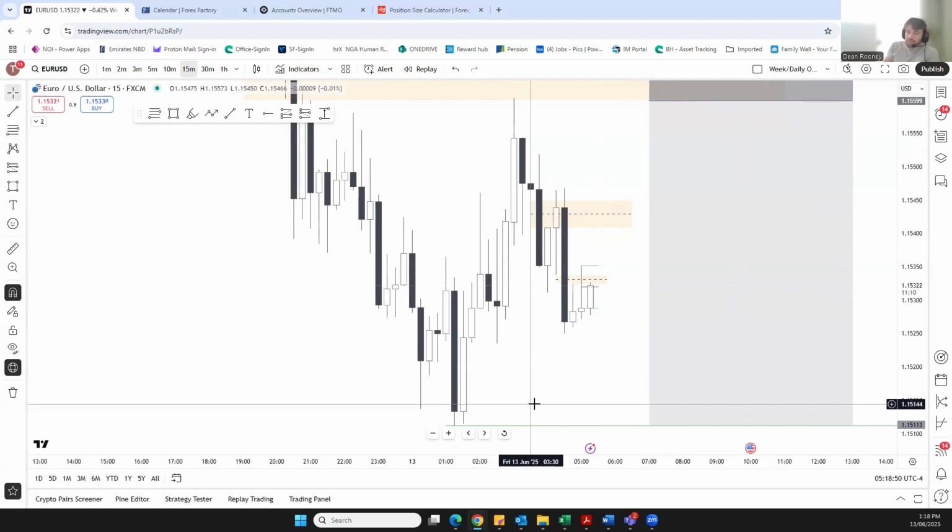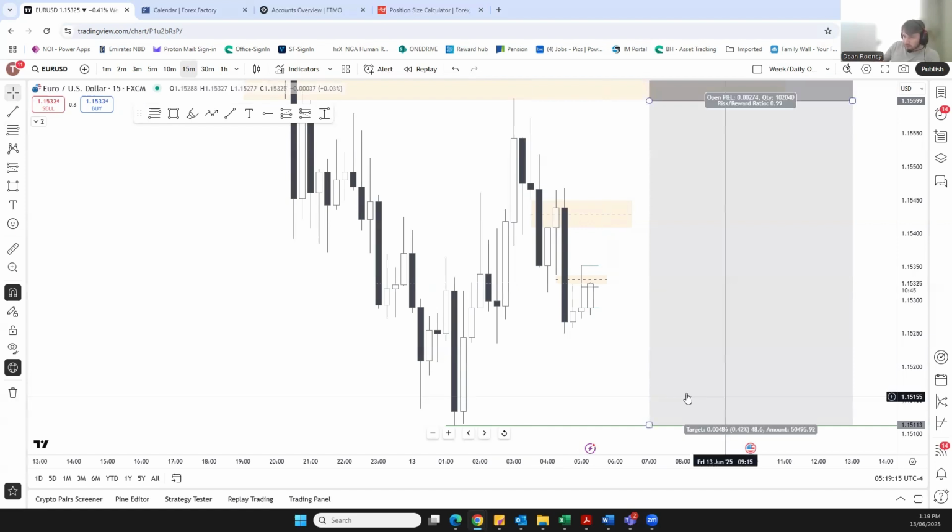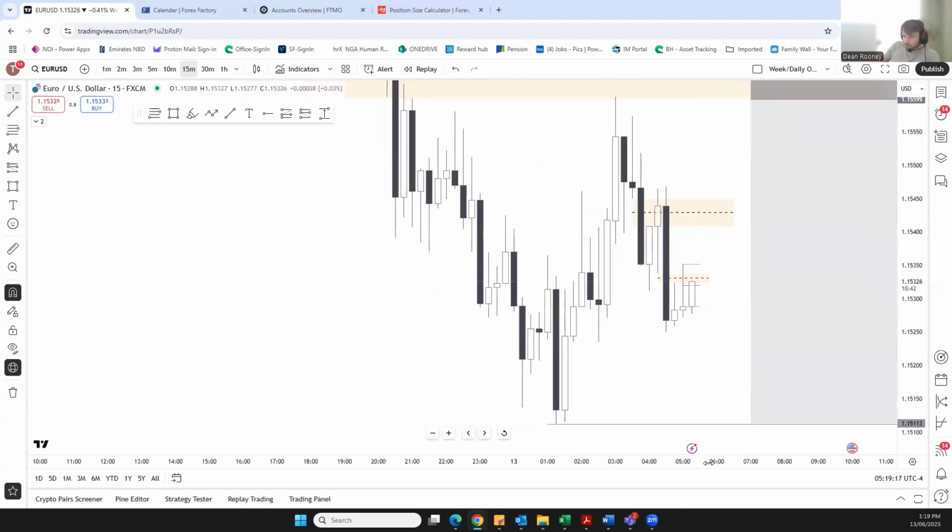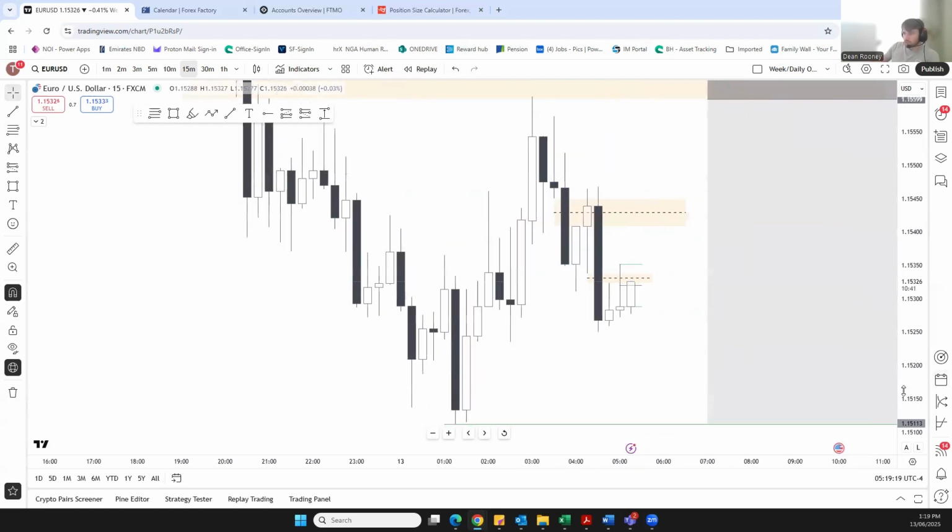People sometimes get scared, but you've got to understand the formation of a candle, and you've got to allow for these things in your trading. As soon as you're able to allow for this, then you don't get scared. You understand it's part of the process, it's part of the formation of the candle.